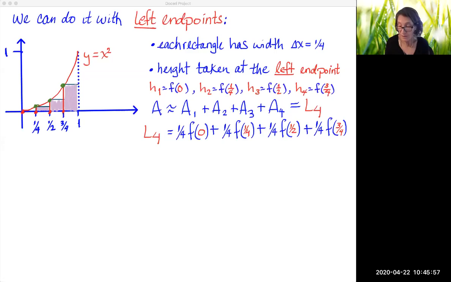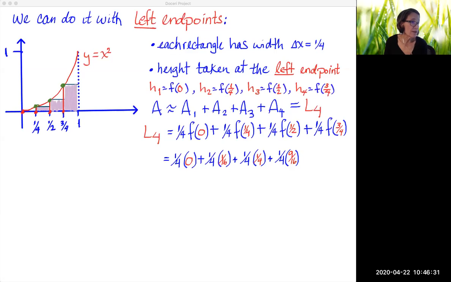And so when I plug those numbers in, f of 0 we said was 0. So we get 1/4 times 0 for the first rectangle. For the second rectangle, f of 1/4 is 1/16. So we get height 1/16. The third rectangle, f of 1/2 is 1/4. Then the fourth rectangle is f of 3/4.